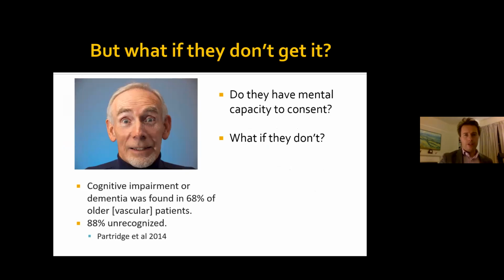Going back now again to risk, what if the patients don't get it? What this brings me on to, of course, is the presence of undiagnosed cognitive impairment in older patients.